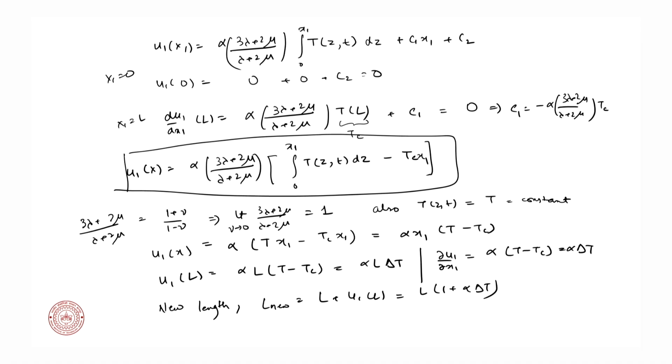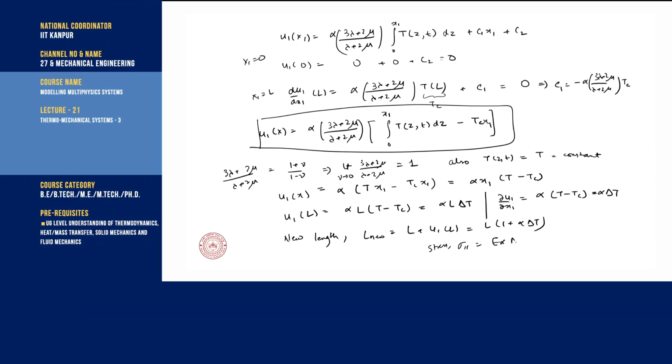And then we took a simple case in which the temperature is uniformly varying, and we found out that these relations are something that we know very well from our understanding of solid mechanics, that the strain in a body due to a temperature rise or uniform temperature rise is alpha delta T, equivalent displacement is alpha L delta T, and then the new length of the body is L (1 plus alpha delta T). And the stress in this case, sigma 11, the stress sigma 1 along the principal direction, will be equal to E alpha delta T.